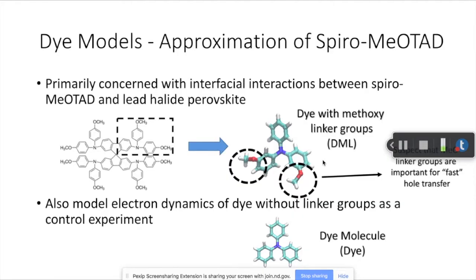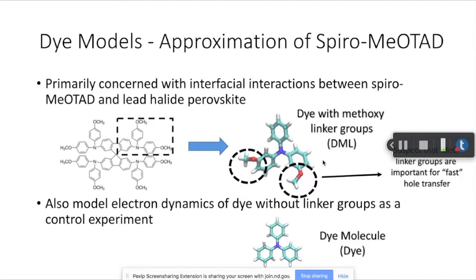For the dyes used in practical perovskite-based solar cells, normally Spiro-MeOTAD, an organic molecule, is used as the hole transfer material because it's shown to be the most efficient hole transport material in these systems. As you can see on the left, it's a rather large molecule.